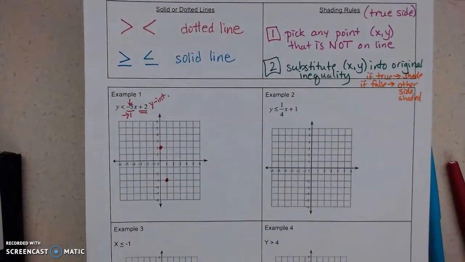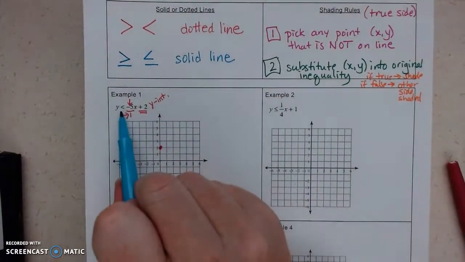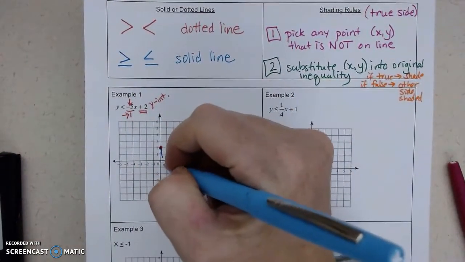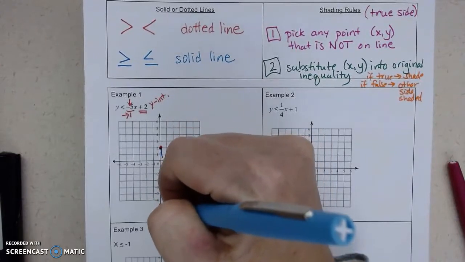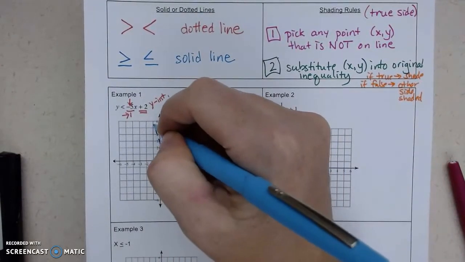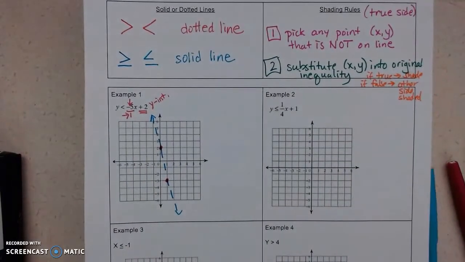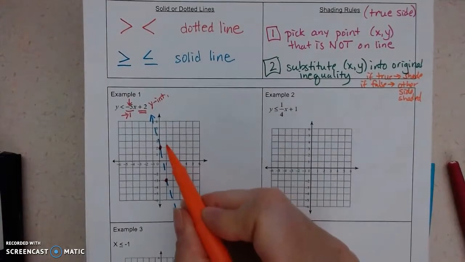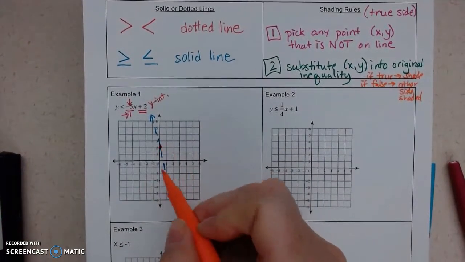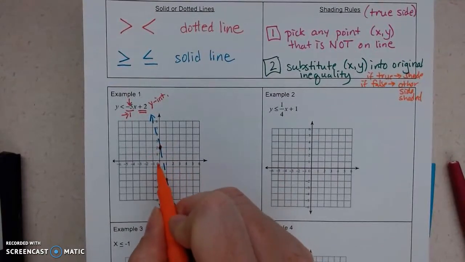Now figure out if you need a solid or a dotted. We don't have the bar, so we're going to make this a dotted line. And if you mess up, you can write the word dotted or erase it if you're in pencil. Now, we're going to shade. So I can tell from my line that 0, 0 is kind of to the left.